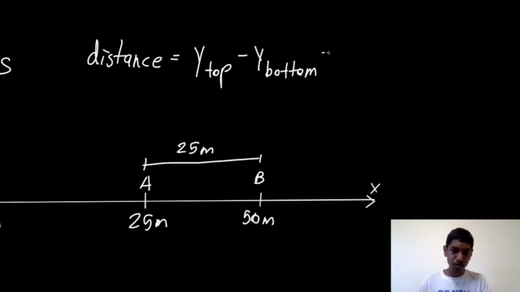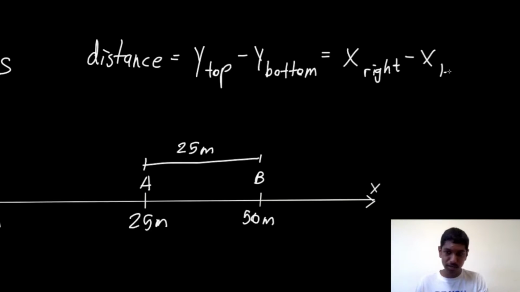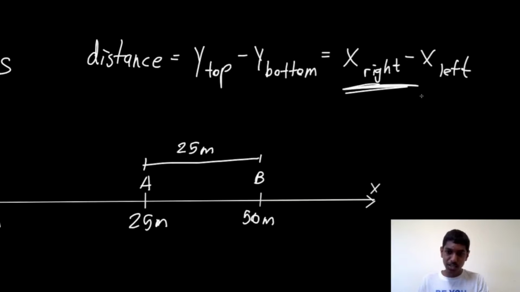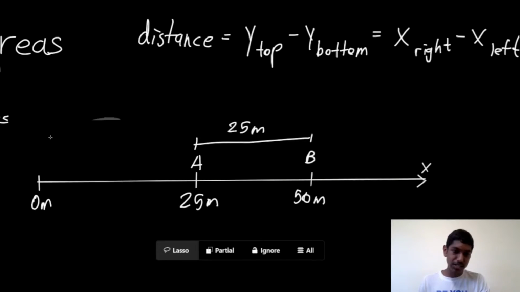And once again, we employ a similar technique where we take the x-coordinate of the right point, which is 50, minus the x-coordinate of the left. And because of the way that the x-axis is set up, increasing in the rightward direction, x right is always going to be more than x left, and so we'll get a positive distance value.